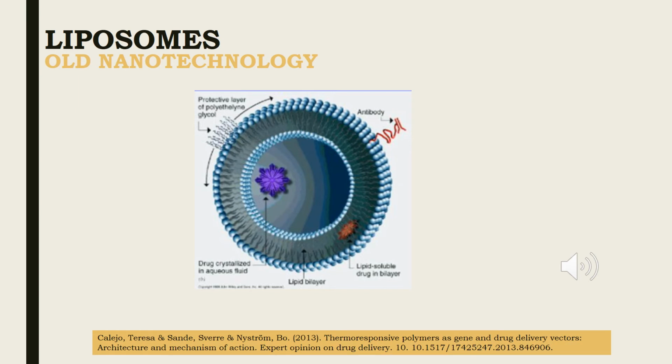These long circulating liposomes were found to target the tumor tissue by a mechanism known as enhanced permeation and retention (EPR). Hence, liposomal formulation of doxorubicin considerably reduced the cardiotoxicity of the drug.